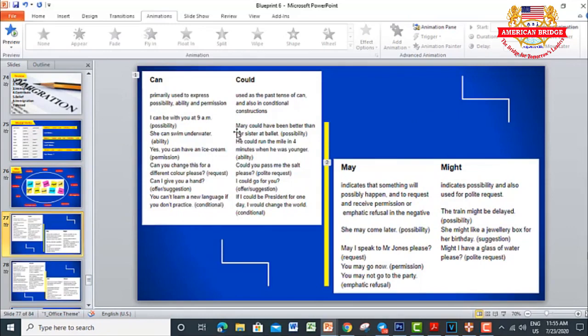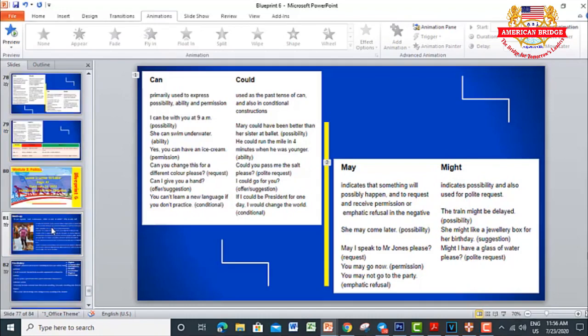One is used in the present, one in the past, but sometimes could is used in the present as well, just for a polite request. It is more polite than can. We also use may and might for politeness.